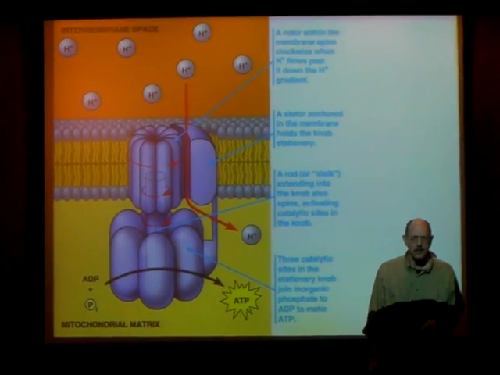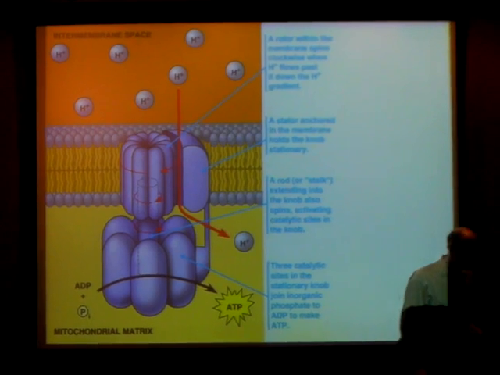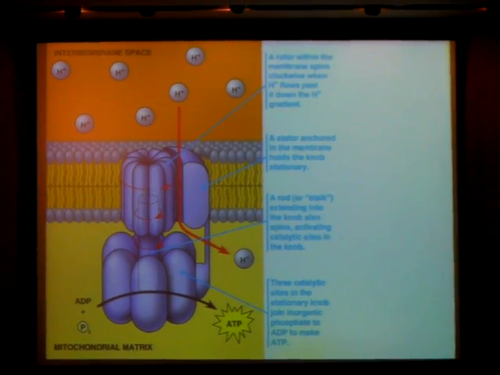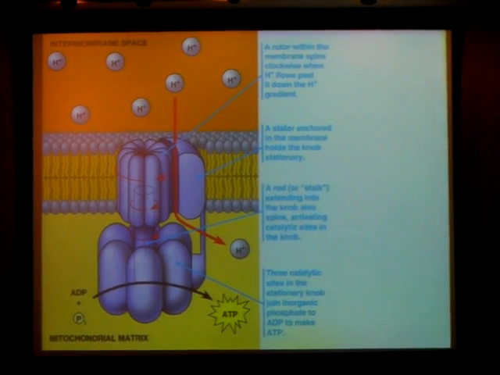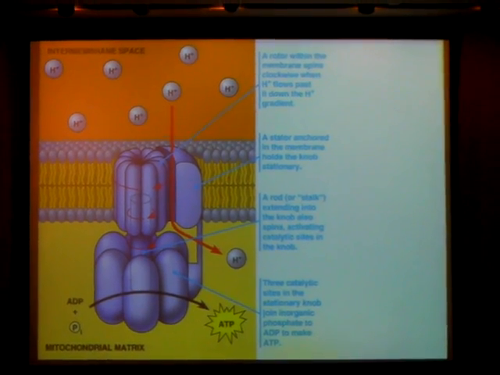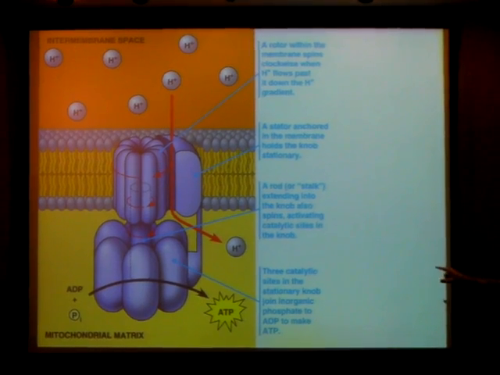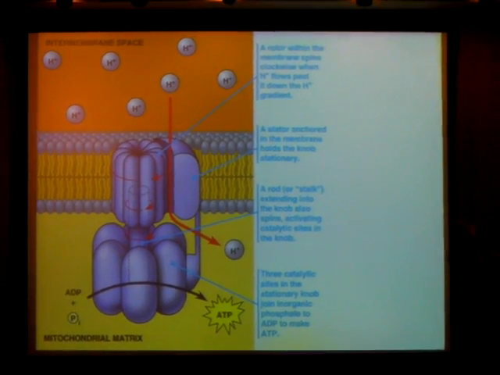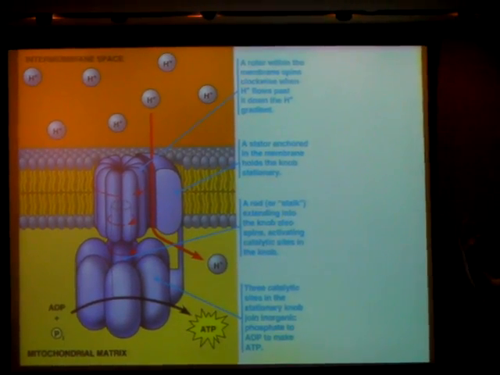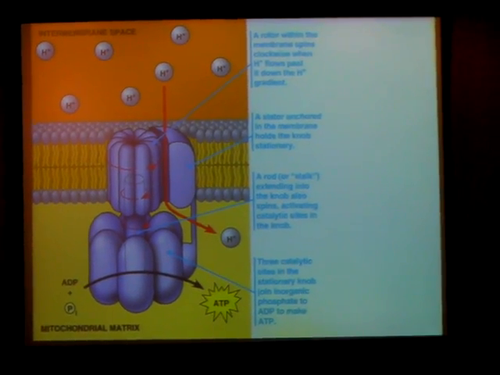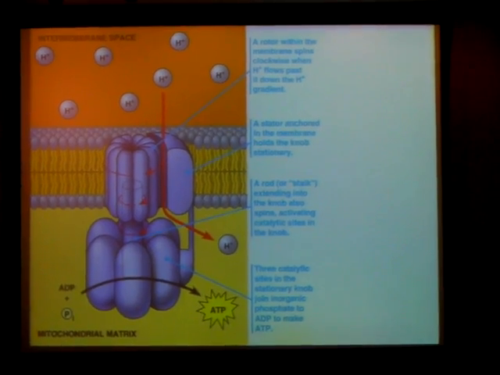Isn't that awesome? That's amazing. One of those things in biology that just make you go wow. And how the scientists actually figured out that this thing is turning, and that the concentration gradient is totally sufficient for that to occur, is really great, and that's what you're going to be reading.